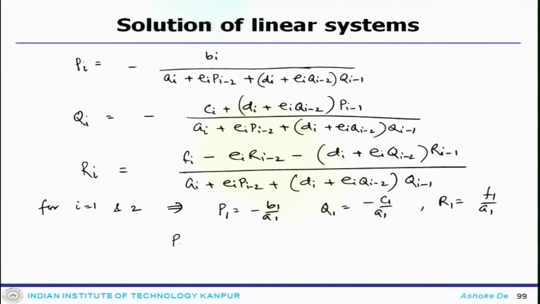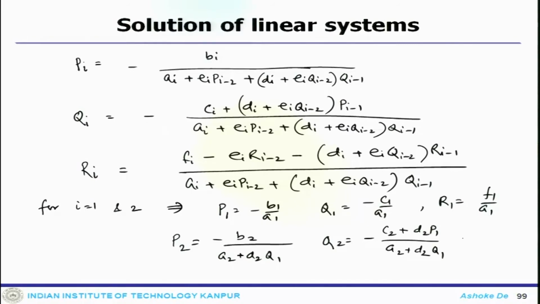Similarly, P2 equals minus B2 divided by A2 plus D2 Q1, Q2 equals minus C2 plus D2 P1 over the same denominator, and R2 equals F2 minus D2 R1 divided by A2 plus D2 Q1.